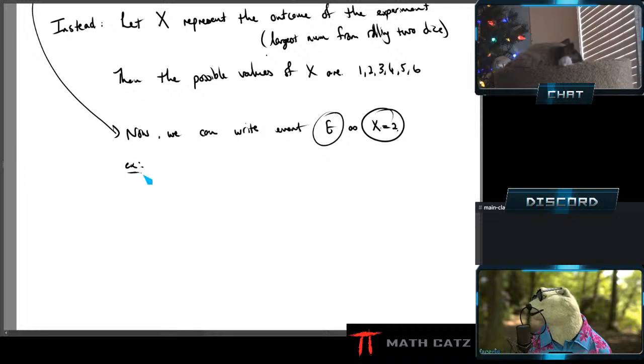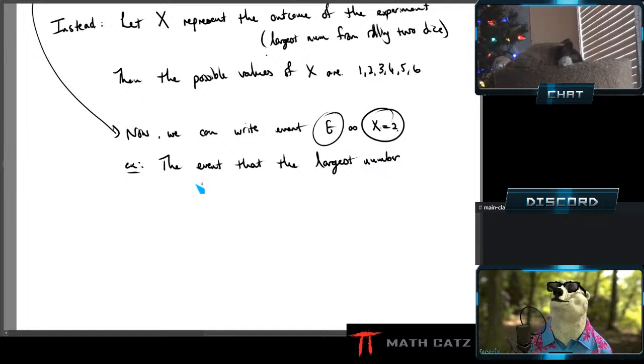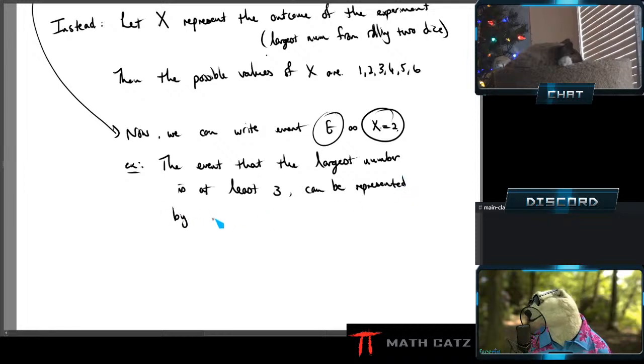So for example, here I could say the event, that's ugly, not doing anything new, just trying to be more efficient. The event that the largest number is at least 3, that can be represented by x greater than or equal to 3.